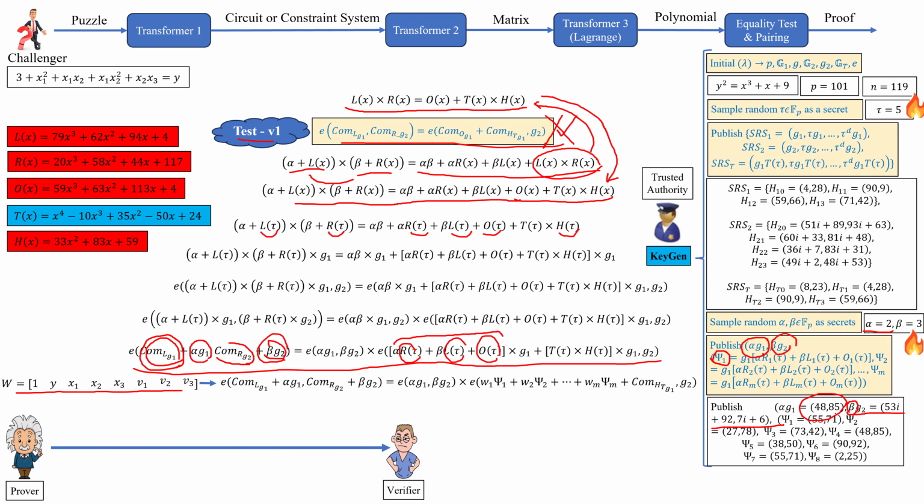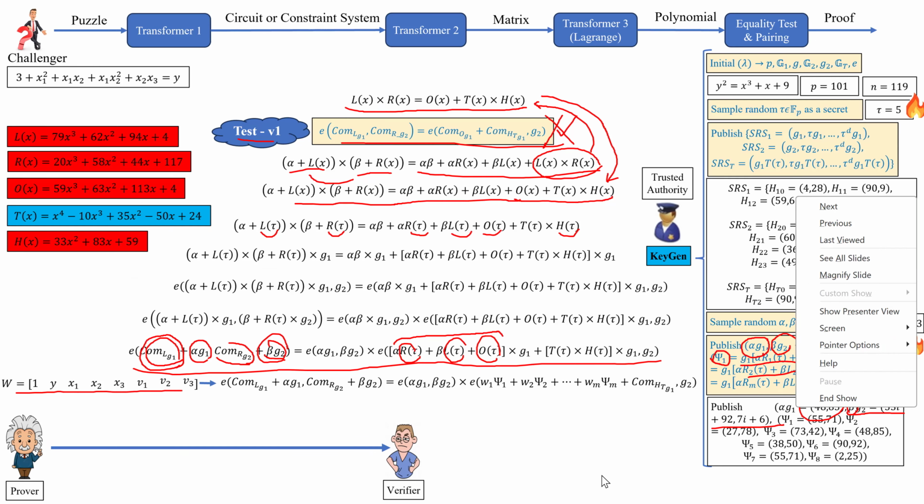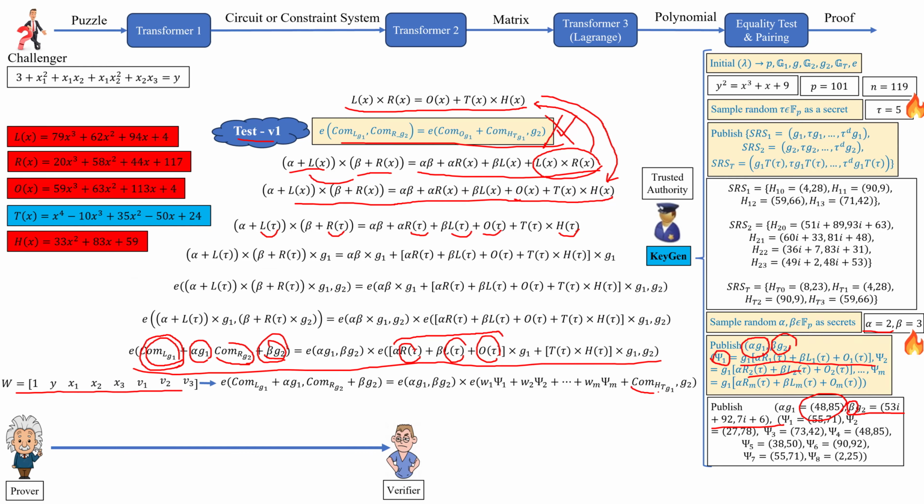So using these values, the trusted authority generates these values based on the definition that we discussed about how to compute commit of a polynomial. If you want, you may review the concept of how to compute a commit of a polynomial from the previous lecture. Then using that discussion, the prover can compute commit of h of tau and also multiply these values, the witness vector W, into the psi values.